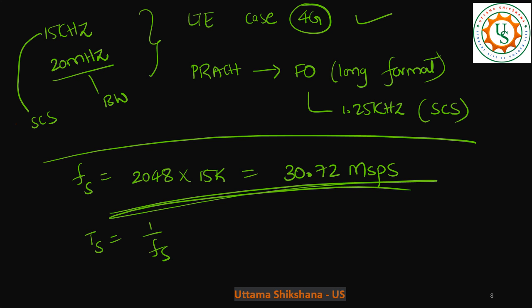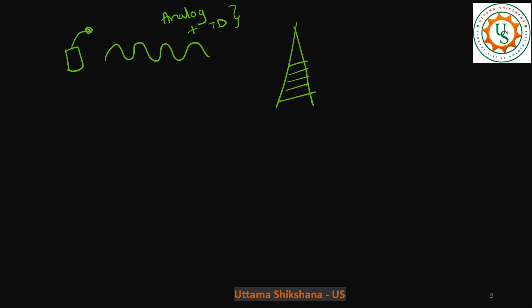I will make it simpler. I will just take one UV signal that is transmitting over the air. This is an analog signal, and this is a time domain signal. This is how we have to transmit in the real channel.